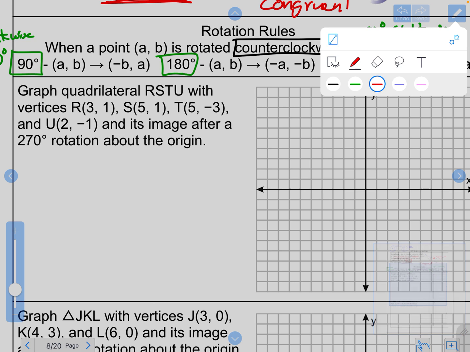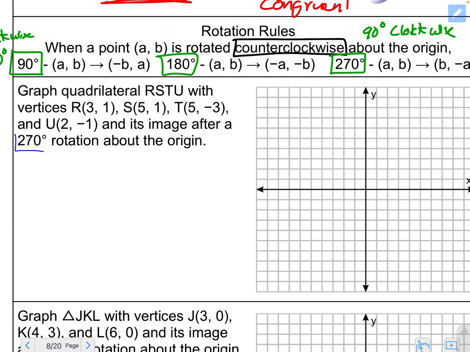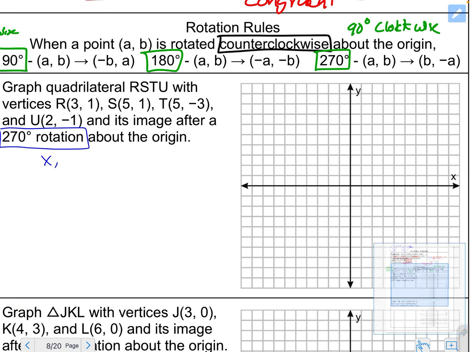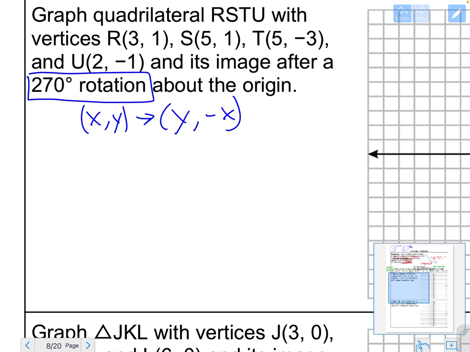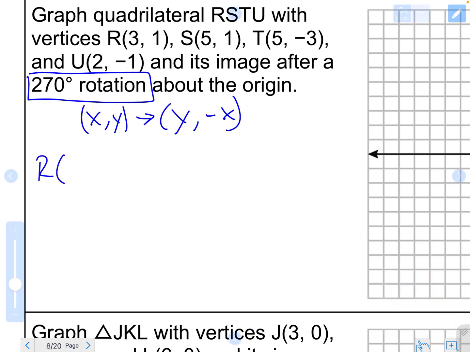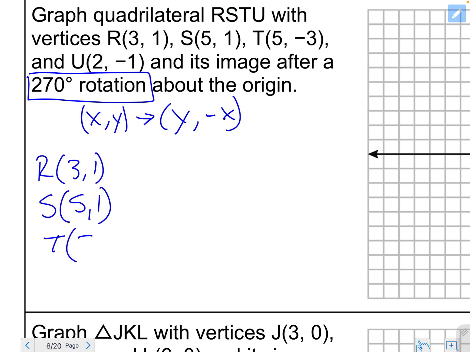All right, so this first problem wants us to rotate 270 degrees. So our rule for 270 degrees is (x, y) goes to (y, negative x). And so we're going to take our points. We have R, which is (3, 1), S, which is (5, 1), and T, which is (5, negative 3).